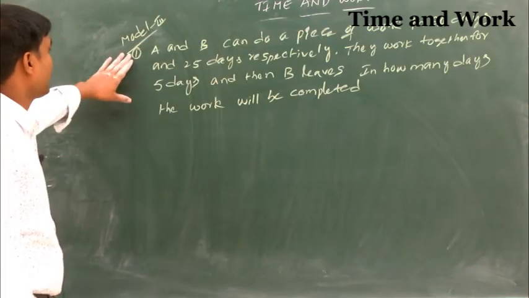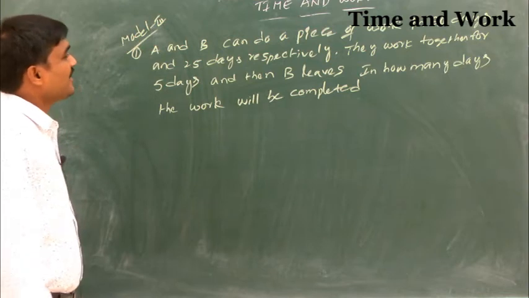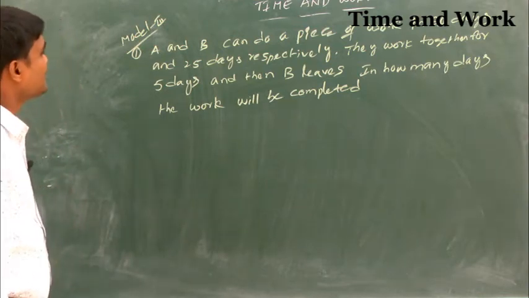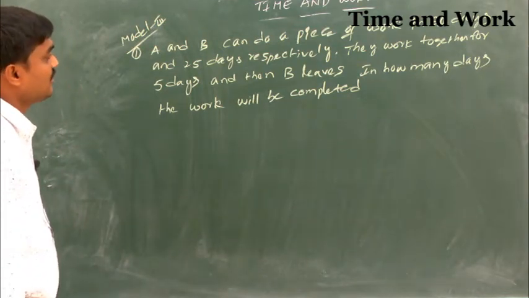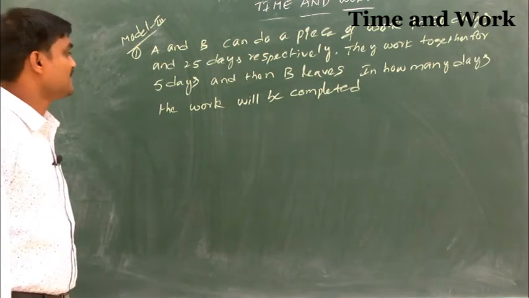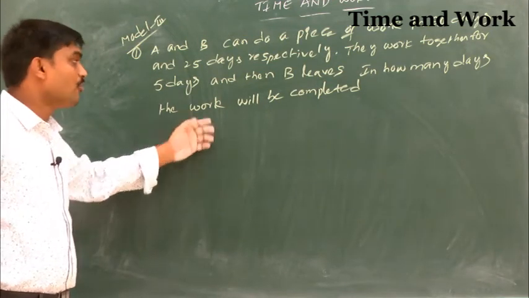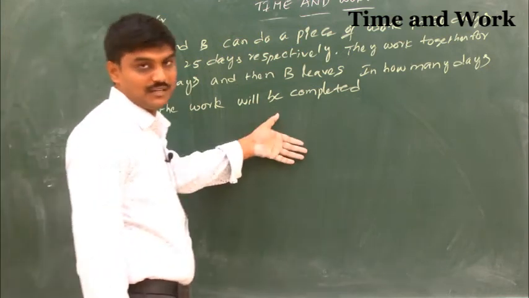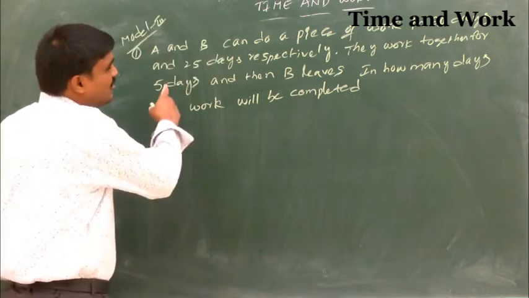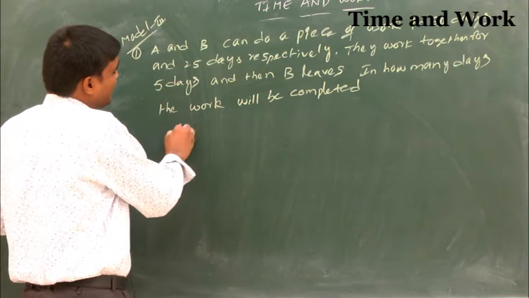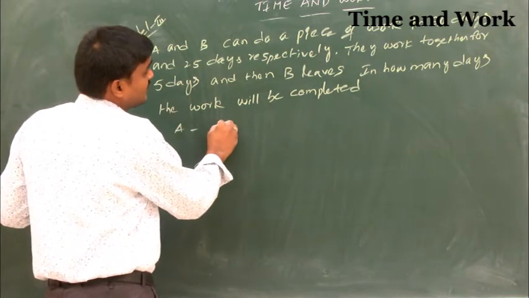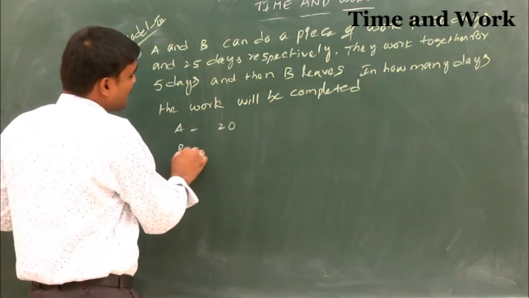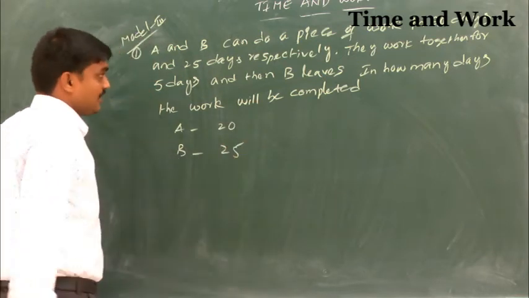So here, next model 3. A and B can do a piece of work in 20 days and 25 days respectively. They work together for 5 days and then B leaves. In how many days will the work be completed? So A can do a piece of work in 20 days, B in 25 days.